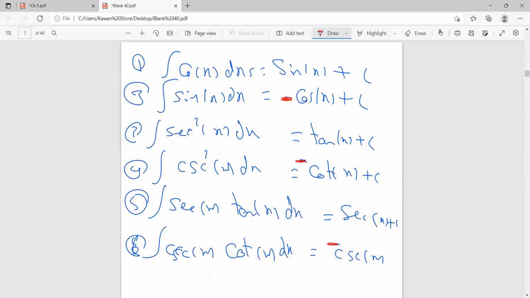Do not forget about that one. Here we have a sine in this column, not that column. So be careful. It's better to know how to find that one, or you can review the derivative. The derivative of cosecant is equal to minus cosecant cotan.